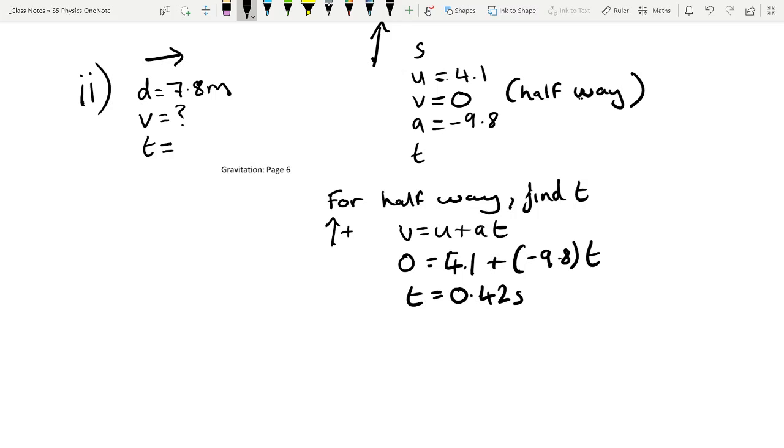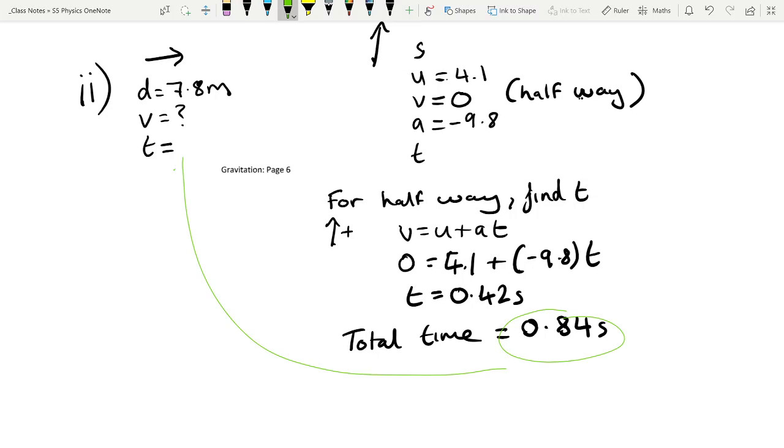We're assuming it's symmetrical, so total time is 0.84 seconds. Now that we've got that, we can put it into our horizontal motion to find the initial horizontal speed.